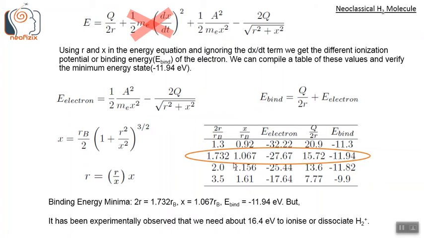As we can see, the minimum binding energy in this table is minus 11.94 electron volts, as we saw in the previous slide. And 2r, the separation distance between the protons, is 1.732 rb and x is 1.067 rb, just as we saw in the previous analysis. Here we get this minimum value from a different method, but we get the same values.